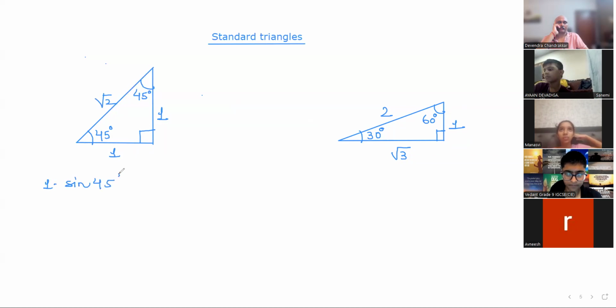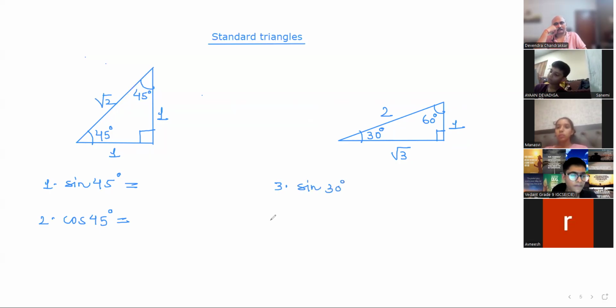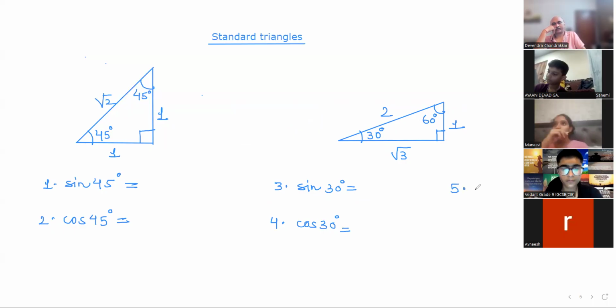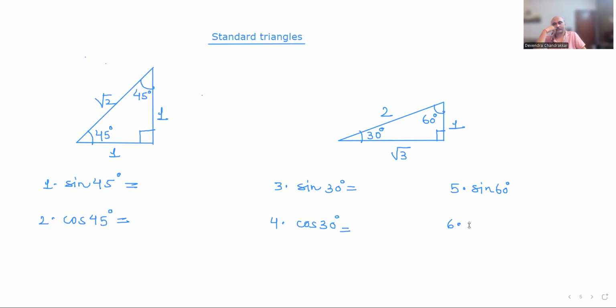What is sine 45 degrees? Second is cos 45. Not interested in finding tan because tan is the ratio of these two. Third is sine 30 degrees. Fourth one is cos 30 degrees. And fifth is sine 60. And sixth is cos 60.